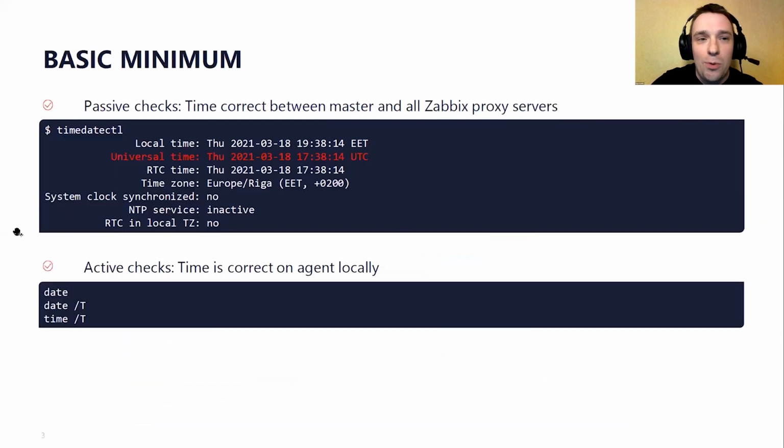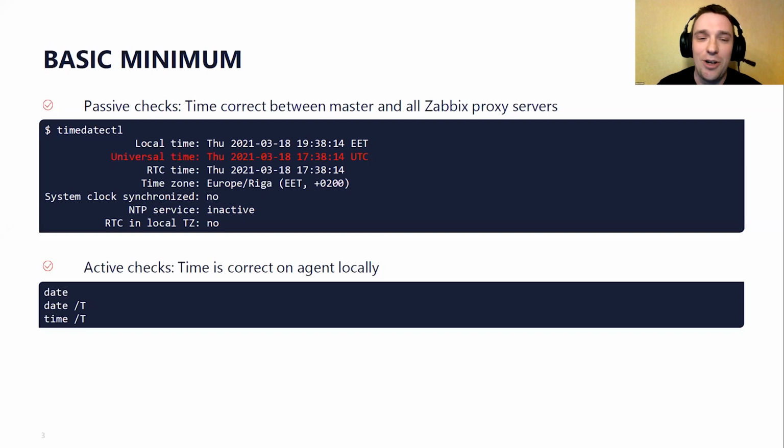Let's go further. What's important to keep the health of the instance very good? The first thing is we have to have the time correct and synchronized between Zabbix components. Actually, the second rule only applies: we have to have time in sync between components.